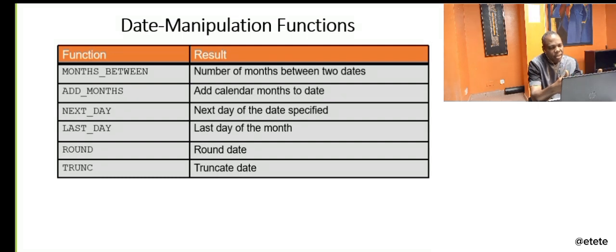So the beings in this world that have to do with timing are these date functions: month between, add month, next day, last day. These are functions that will assist you as you go into that realm. So you must understand them that way. That is only when these things make meaning to you.